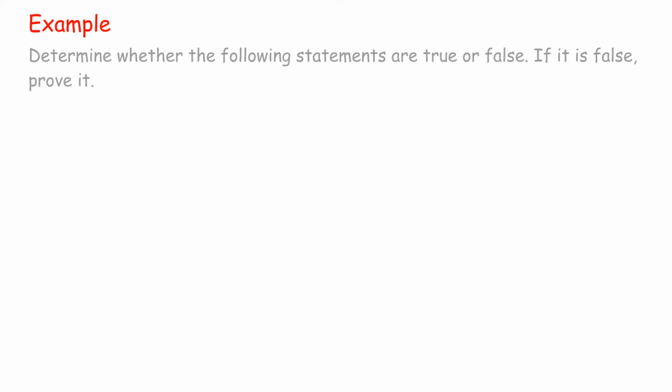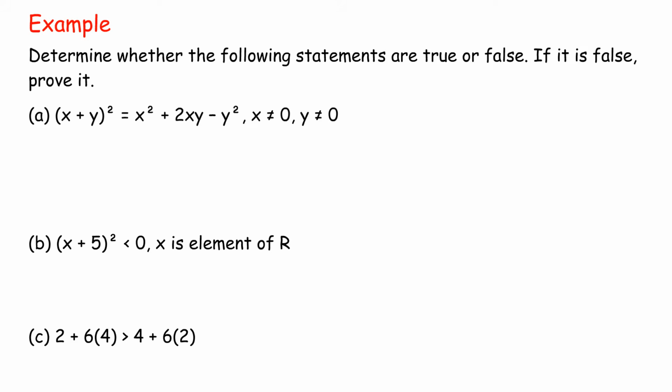Example: determine whether the following statements are true or false. If it is false, prove it. Solution: A. (x plus y) squared equals x squared plus 2xy minus y squared, where x does not equal 0, y does not equal 0. False.